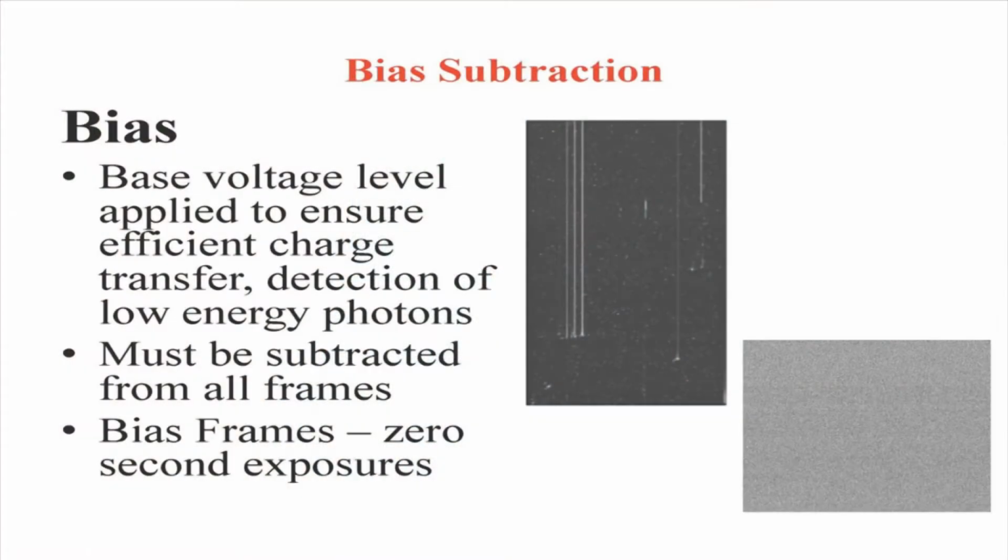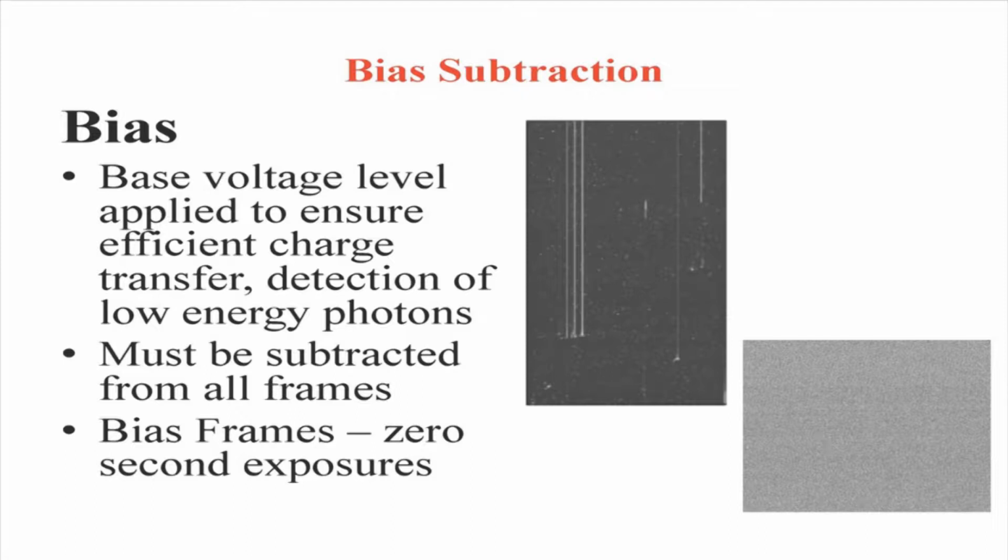What is bias? There is always a base voltage level that is applied to the CCD. One of the reasons for doing this is you try to keep the potential well to a certain level so that even a faint photon which is striking onto the detector can generate sufficient number of electrons for us to be able to read out.